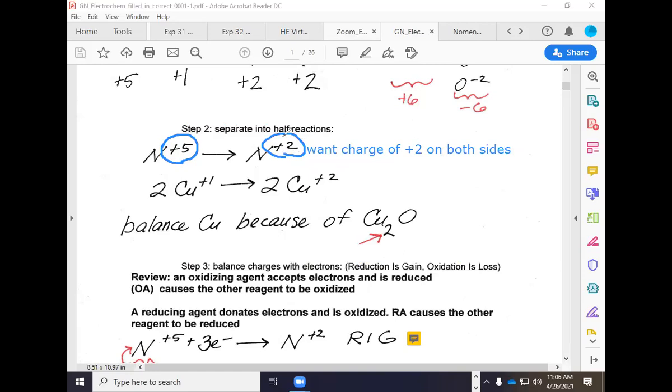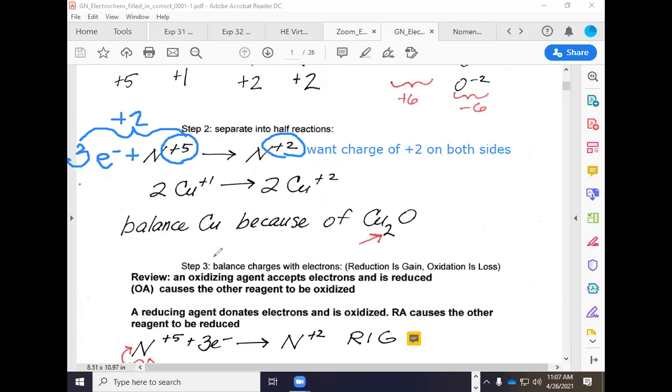How can we get a charge of +2 on both sides? Oopsie, my brain is gone. Electrons are negative. So if we add the electrons to this side, then what is our charge overall? A +2. And that's what we want.